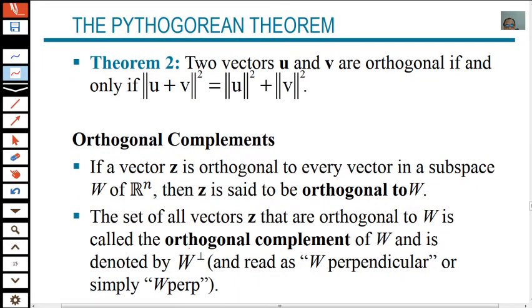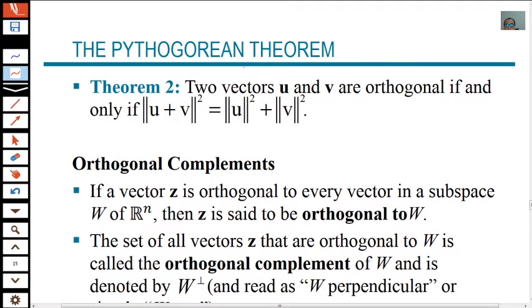And two vectors u and v are orthogonal if and only if the square of the norm of u plus v is equal to the square of the norm of u plus the square of the norm of v, which is called the Pythagorean Theorem, actually.